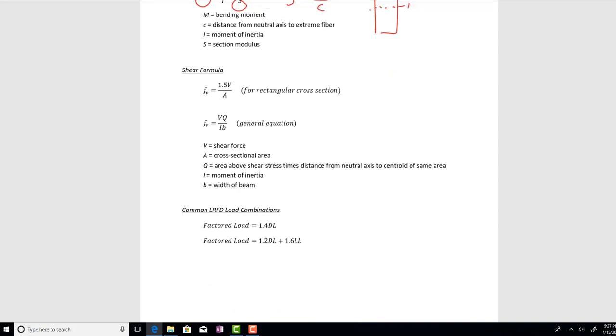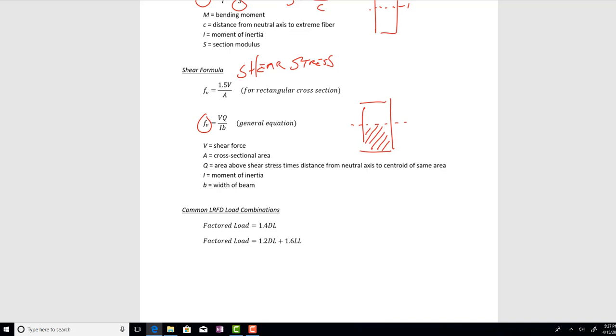When we're dealing with shear stress, we use the shear formula. And I've included two equations right here. The first one is the general equation. You'll recall, go back and check in your notes if you need to follow through this again, but if we're splitting the shape down the center, and we were looking for the shear stress at the center of the beam, then we could take the top or the bottom part and split it out.